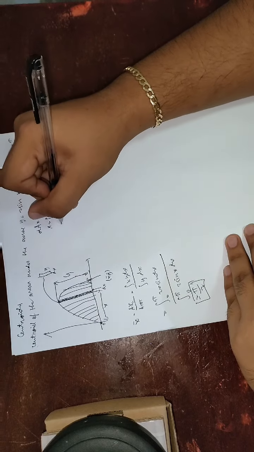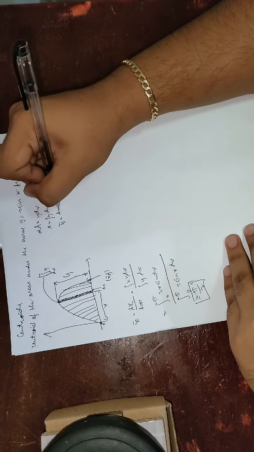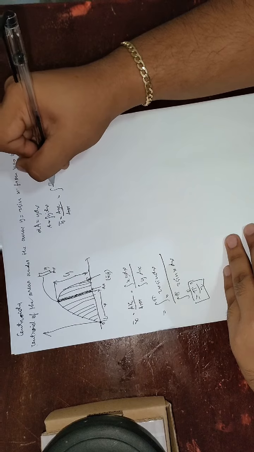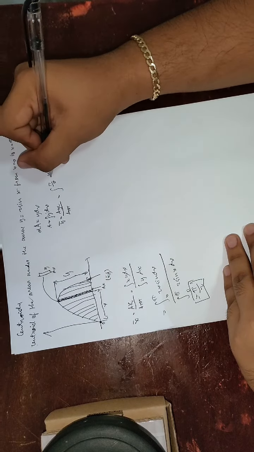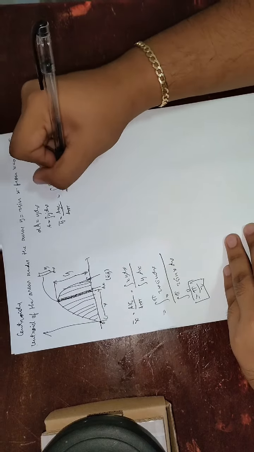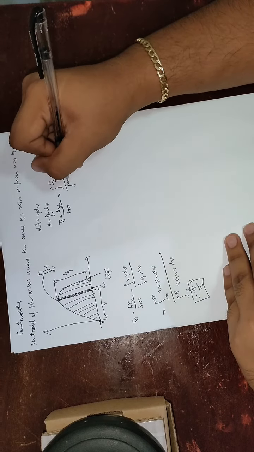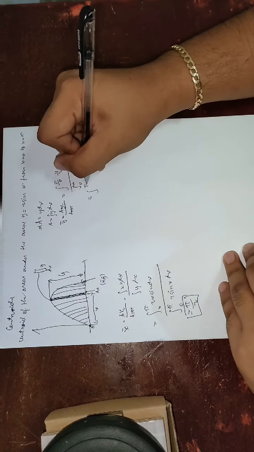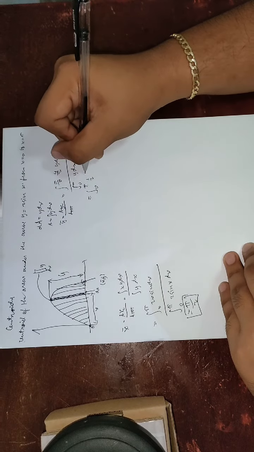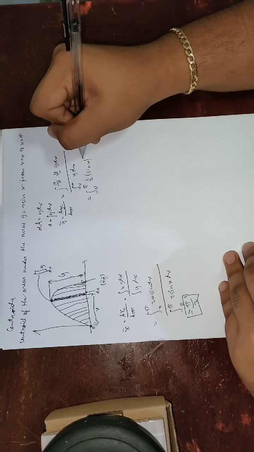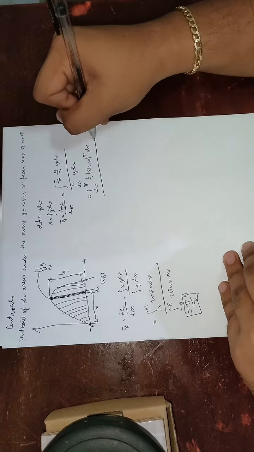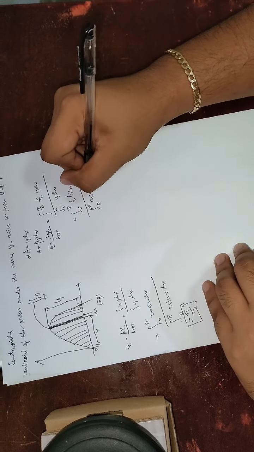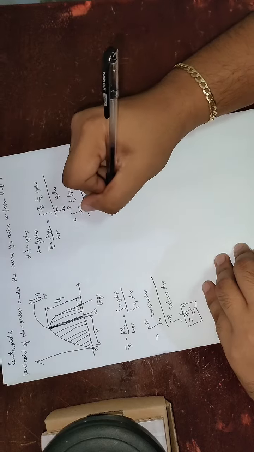The integral of y over 2 dx over the integral of y dx, from 0 to pi, 1/2 sine x squared dx over the integral from 0 to pi of sine x dx.